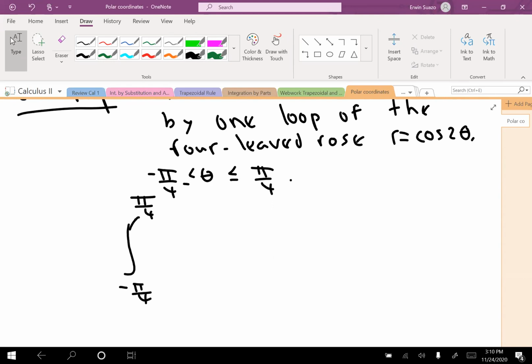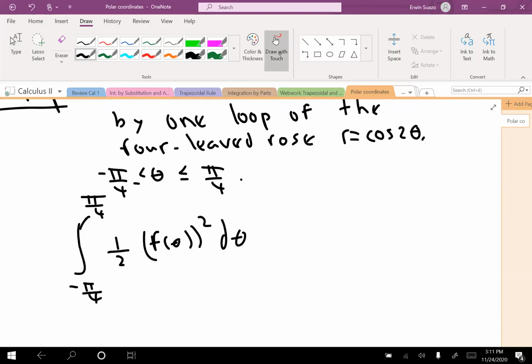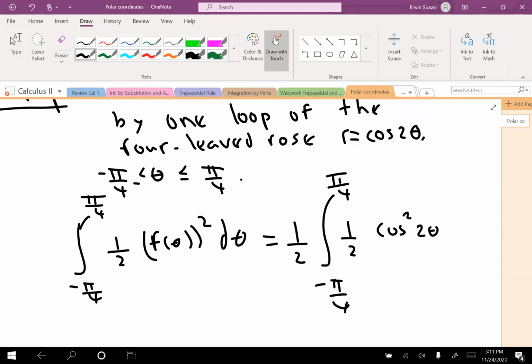Of 1/2 f of theta squared d theta, and that is 1/2 integral between minus pi fourths and pi fourths of cosine squared 2 theta d theta.